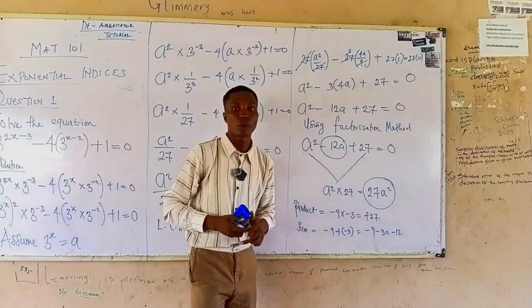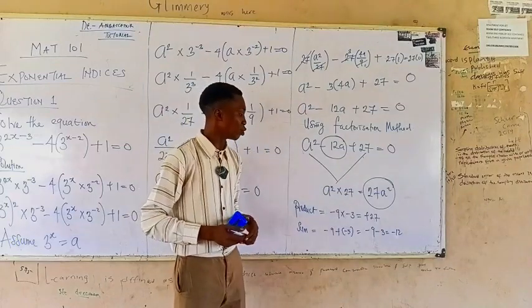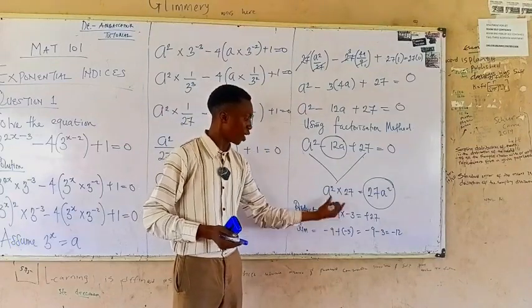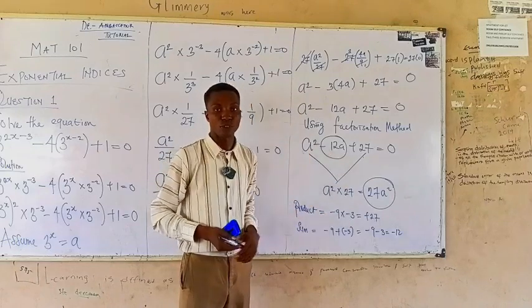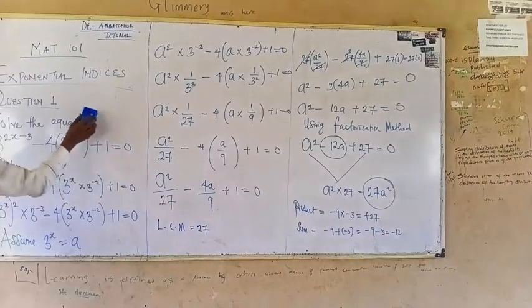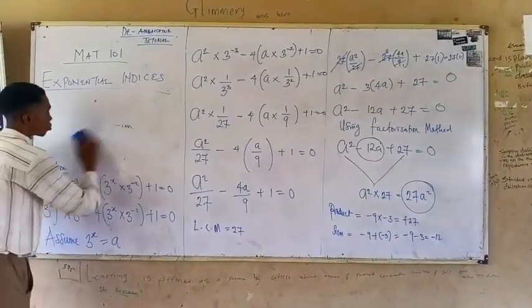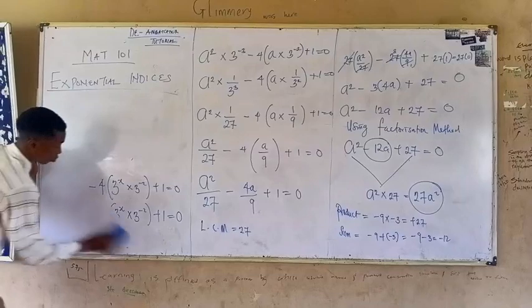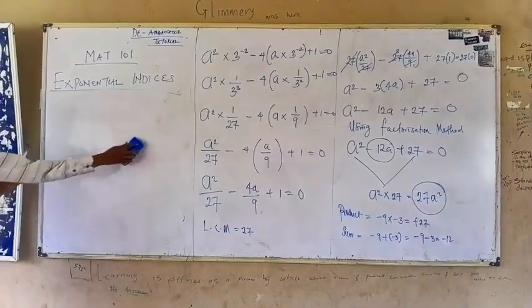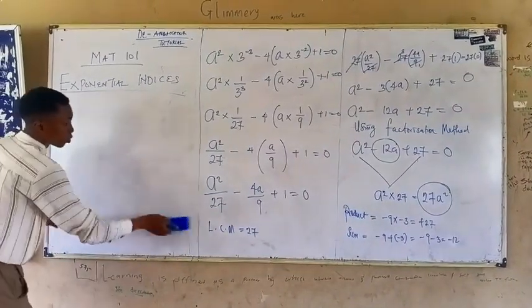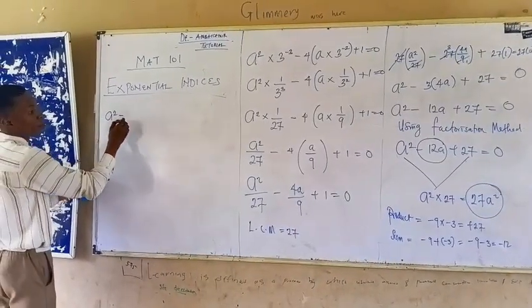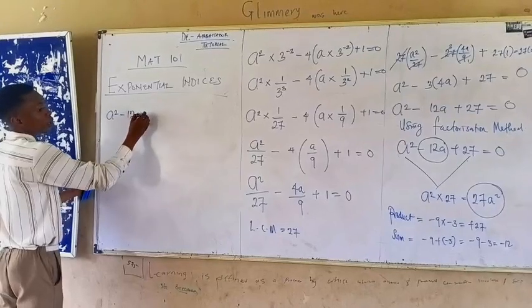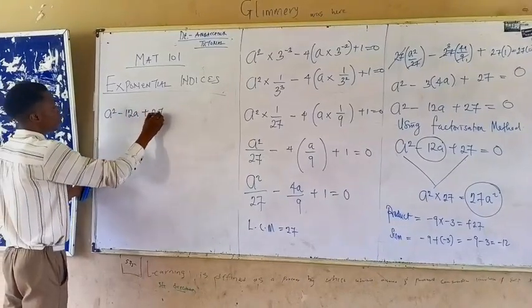So now that we know the two numbers we are going to input, the next thing to do is to just input the value of minus 9 and minus 3 into the middle term. So let's try to do that. So we have a squared minus 12a plus 27 equal to 0.